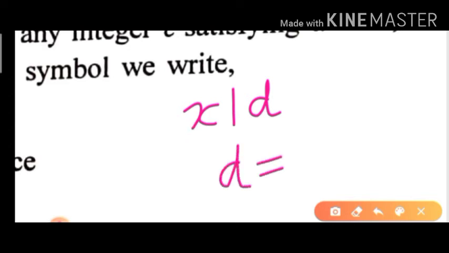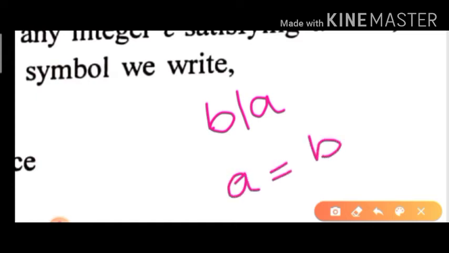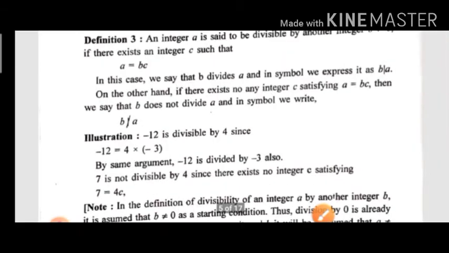D is equal to X into another multiple, let the multiple be Y, so D is equal to XY. Same here, B divides A means A is equal to B into some value, that is B, C. C is any integer. So we can express that this way.